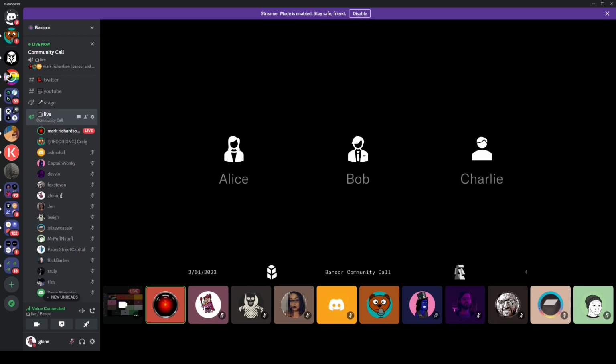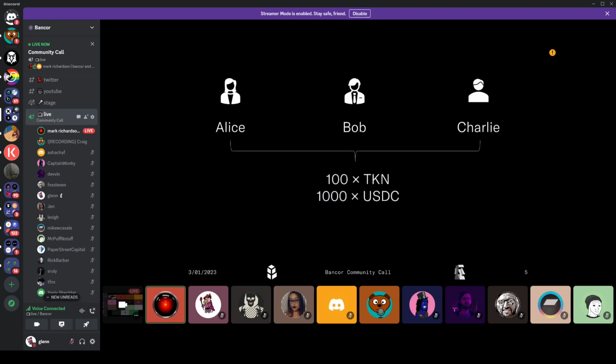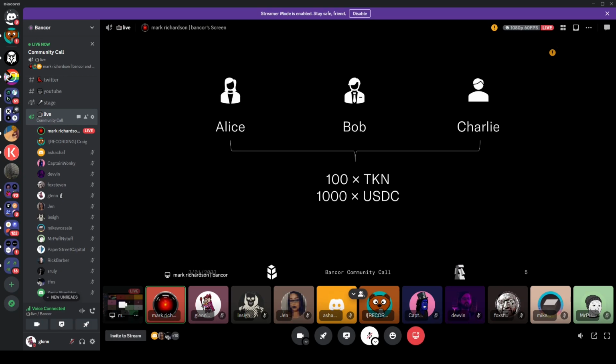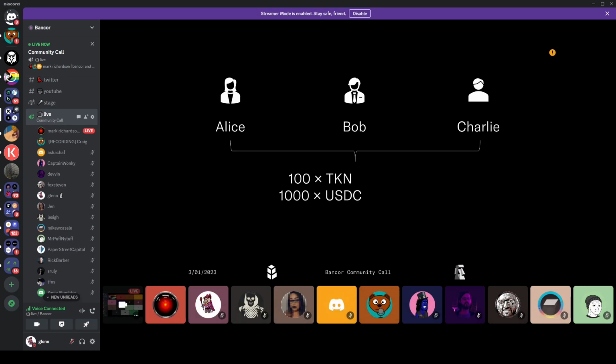They're named after the cryptography conventions. And I'm going to give each one of them 100 TKN and 1000 USDC to play with. So they all start with exactly the same amount of stuff, and they're all going to be contributing all of those tokens to each one of their strategies.